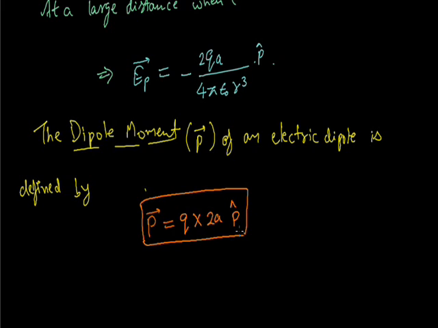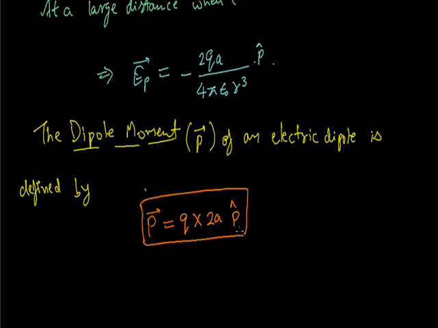So it is a vector whose magnitude is the charge q times the separation 2a between the pair of charges q and minus q, and whose direction is along the dipole, along the line from minus q to plus q.